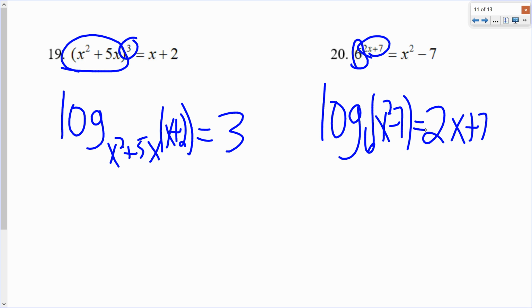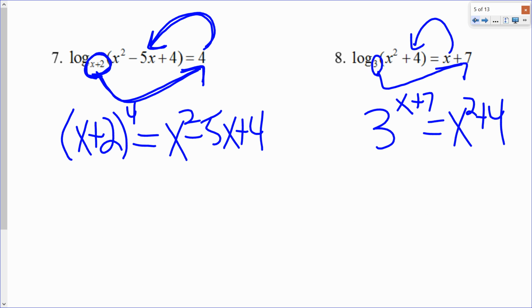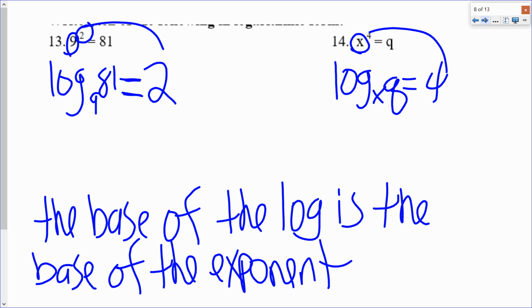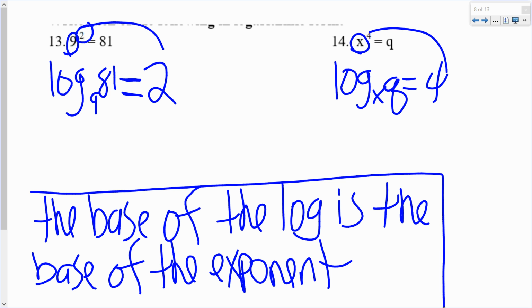To put into exponential form, you're cycling the base to the other side, the base to the power equals what comes after the log. Your cycle is always starting with the base. The base of the log is the same as the base of the exponent. And to go in the other form, again, you just fill in the values based on the fact that the base of the log is the base of the exponent.